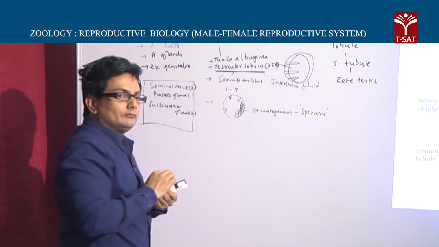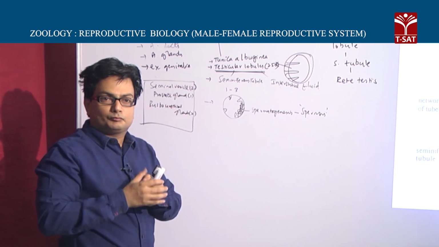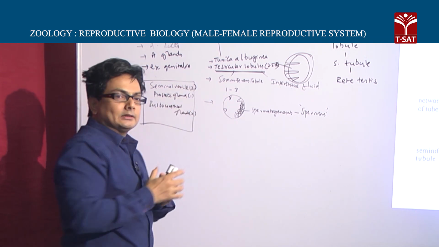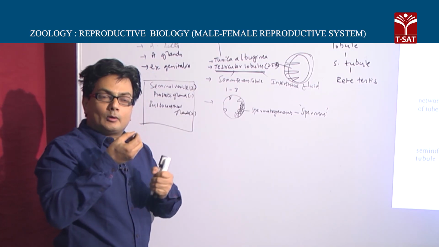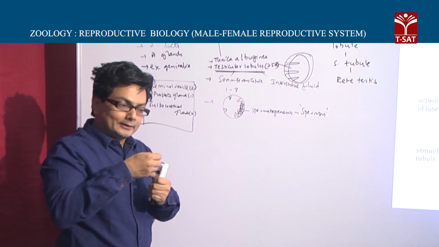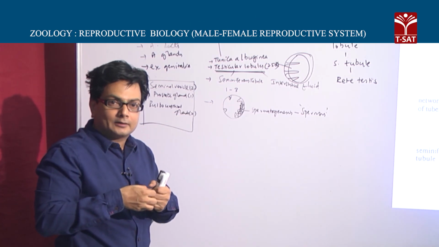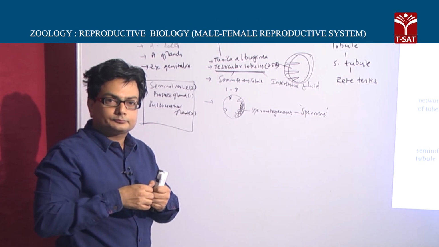Every gland here will have its own role to play. For example, the seminal vesicle will be adding nutrients into the seminal plasma, like fructose.